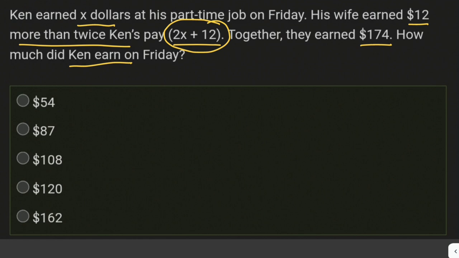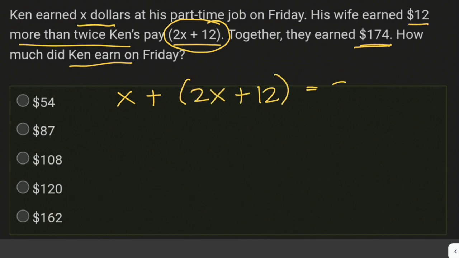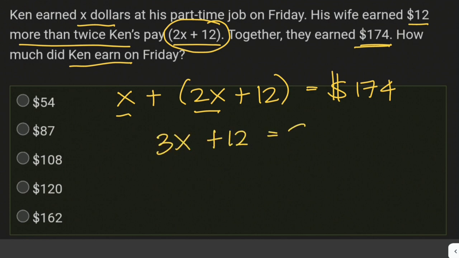And together, if we're going to add their earnings up, it would give us $174. So we just have to add up their earnings. So that is x plus 2x plus 12 equals $174. And then we simplify this, we group like terms. X plus 2x is 3x plus 12 equals 174.